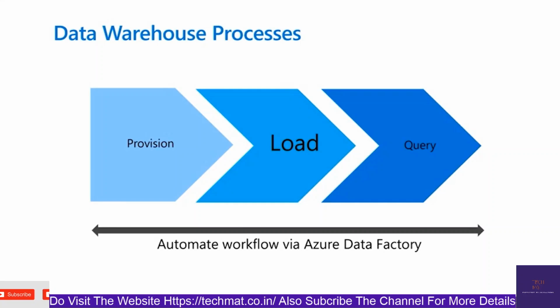And then on the second phase, we're loading the data into the data warehouse. We can use multiple different ways, and we'll talk about that today. We can use, for example, PolyBase, or we can use Azure Data Factory to load this data, these are the two major approaches.